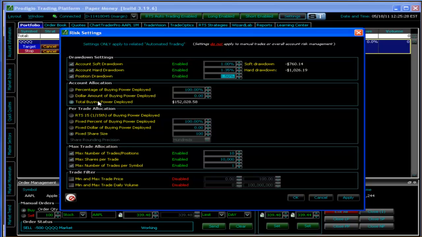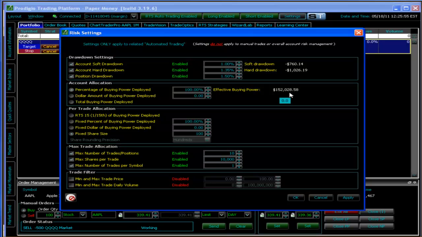That's really useful for robotic trading because it allows you to get more in terms of P&L when you're working more of your capital. Right? It doesn't make sense, especially if you're using a robotic trading system, to use a very, very small amount of that capital unless the account has a really, really large amount of buying power. In that case, you'll want to select one of these other options, such as a percentage.